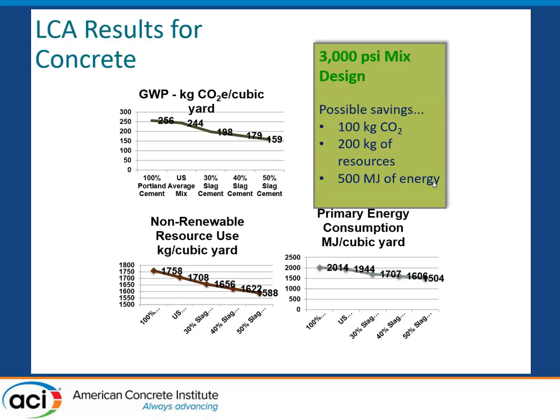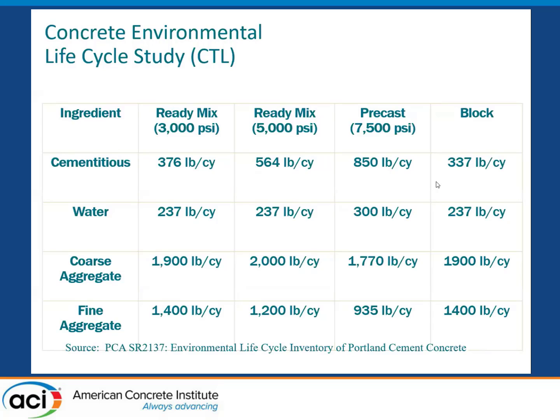A study that was also done by CTL is a good example that not only in ReadyMix, but in precast as well as in block, we can see reductions in environmental impacts by using slag. A typical 3,000 PSI ReadyMix is about 376 pounds per cubic yard. For a ReadyMix of 5,000, it's typically about 564, 611 in that range. With precast, a lot of times they could be up at 850 pounds.